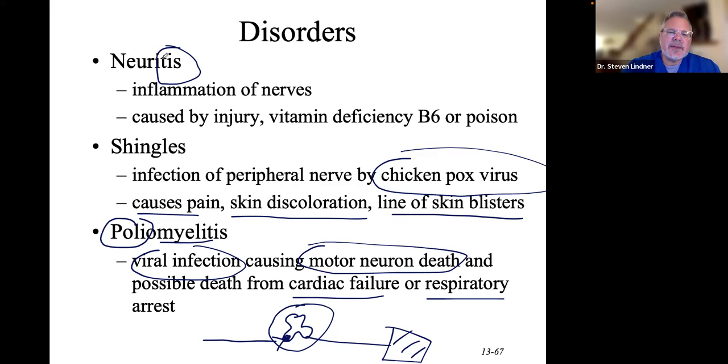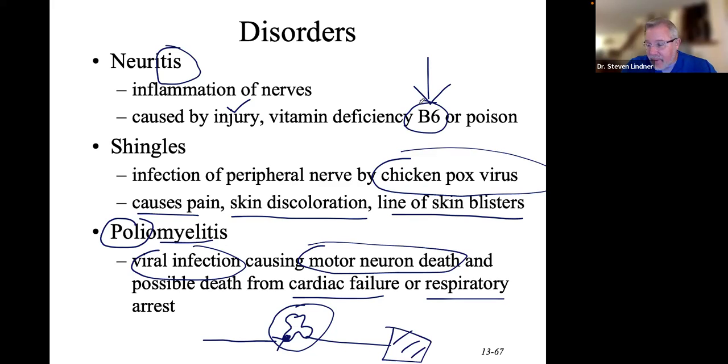Neuritis is just inflammation of the nerve, and that could be caused from direct injury to the nerve. It could be caused by a vitamin deficiency, not just a deficiency, but even a toxicity. People who take too much B6 can end up with symptoms like carpal tunnel syndrome. Right? So I've had patients that think if they take something that's natural, it's safe.